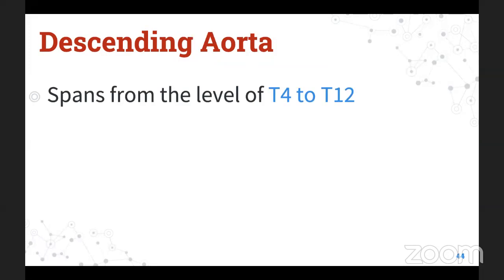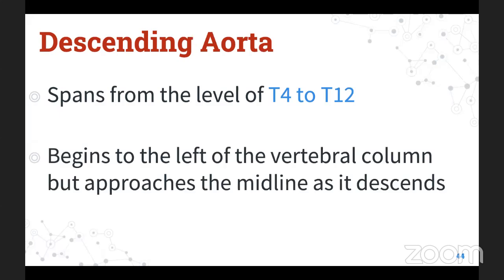Descending aorta spans from T4 to T12 and begins to the left of the vertebral column, but as it descends, it comes to lie in the midline of the vertebral column.